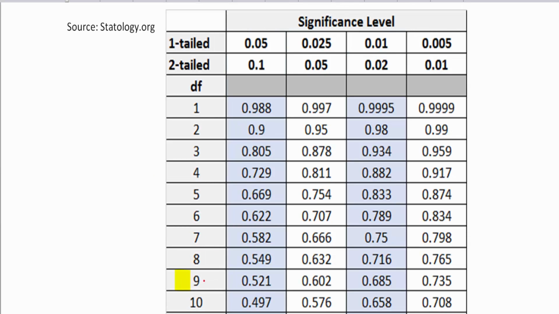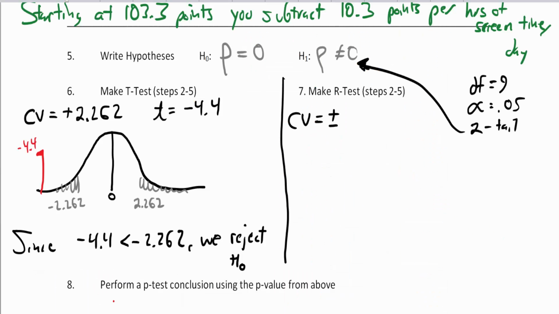Here's our two-tailed 5%, which means we need a higher R value than 0.602 or a lower value than negative 0.602. So here is the answer: plus or minus 0.602.